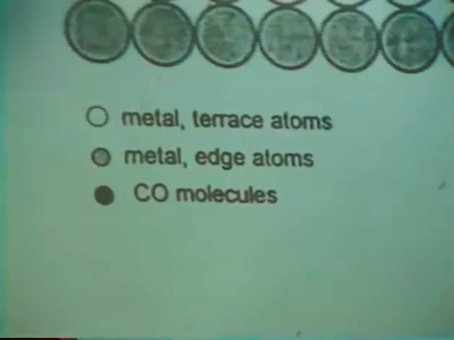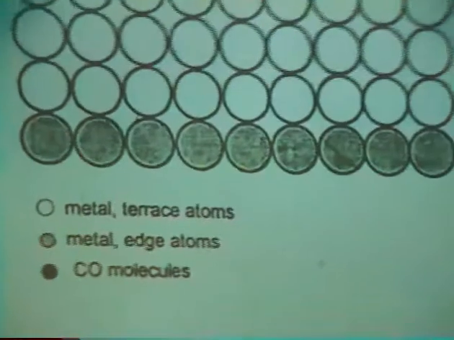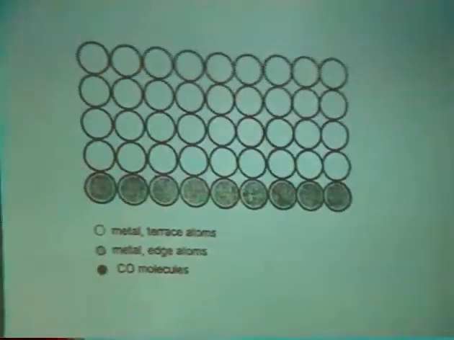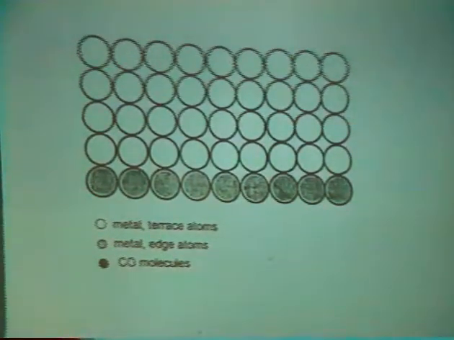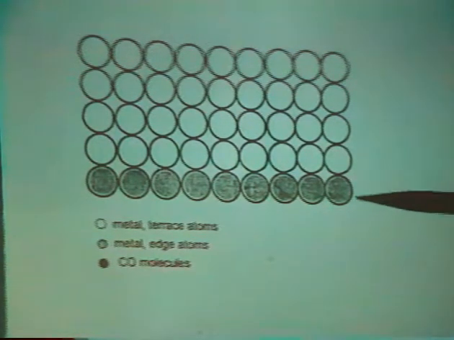Don't take it too seriously, though I will relate it to something I'll show you later. Suppose this is a terrace in a stepped surface, in a 100 surface, and here's the edge of the terrace.